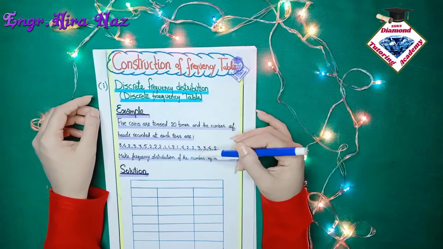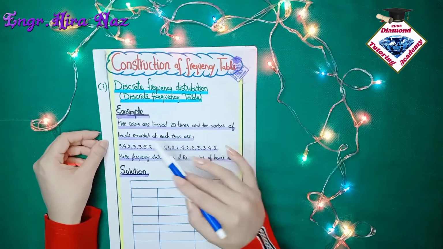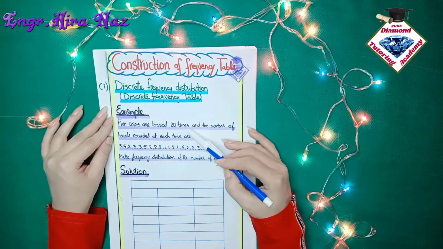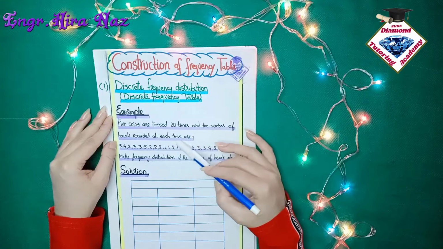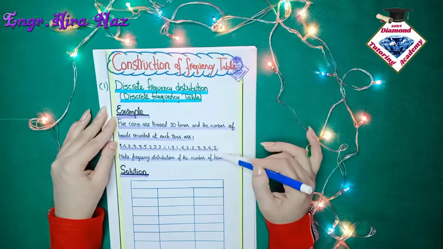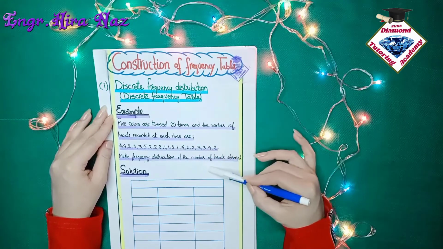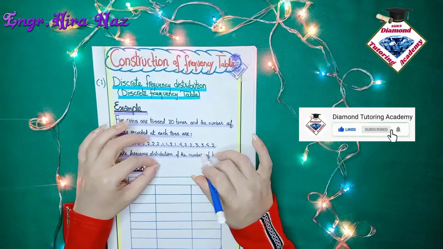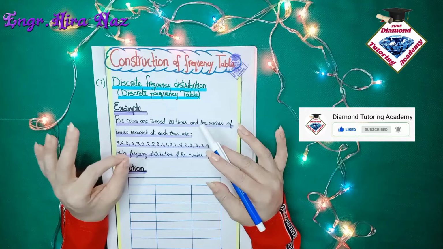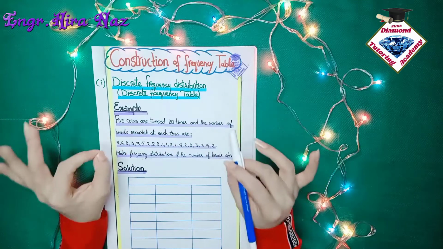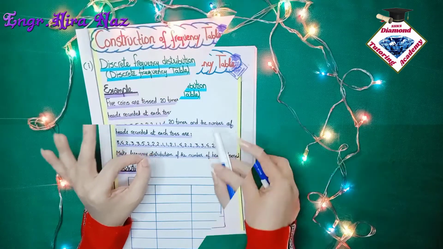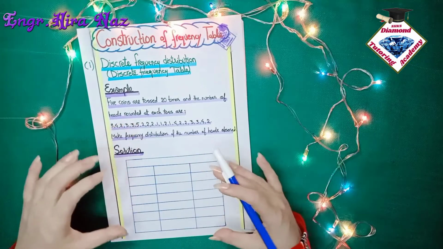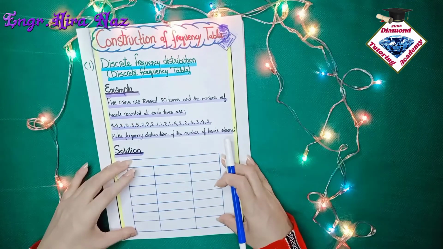Let's start with an example which says 5 coins are tossed 20 times and the number of heads recorded at each toss are given. Make frequency distribution of the number of the heads observed. Here in this example, we are asked to make frequency distribution table of the number of heads observed. So for solution, we have to make frequency distribution table.